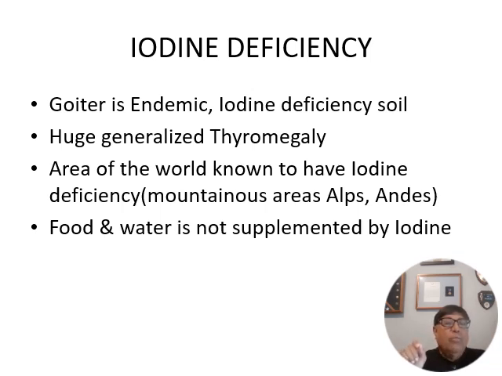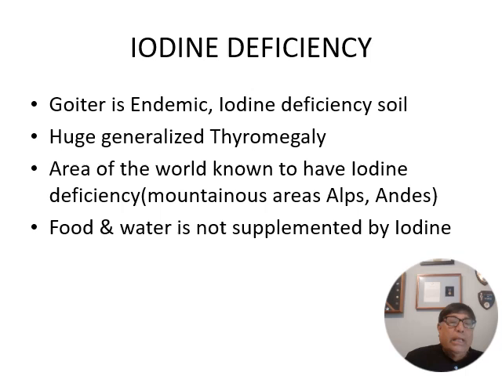And the thyromegaly in an iodine deficient area is a very big, huge thyromegaly. And those who follow the National Geographic Channel, in certain parts of Africa and Asia, you can see the ladies with humongous thyroid glands. And they live in an iodine insufficient area.